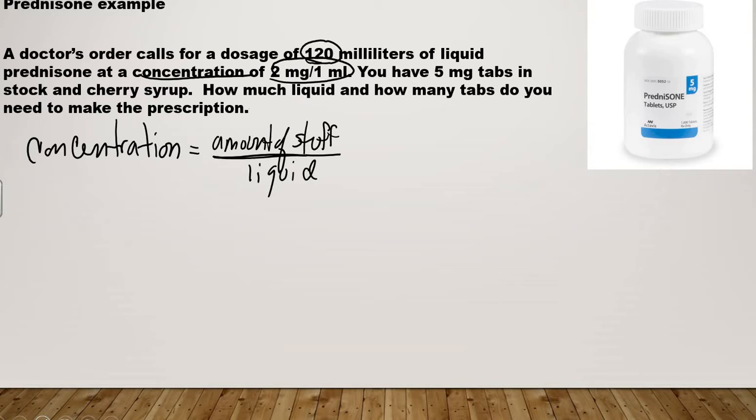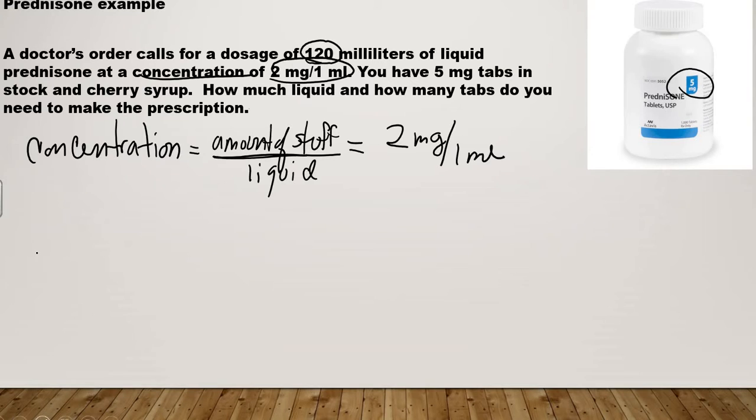So a certain amount of liquid, the amount of stuff in a liquid, that's called a concentration. So we're specifically dealing with a concentration of 2 milligrams of medication for every 1 milliliter of liquid. In this case, it's going to be cherry syrup. Okay, so our ultimate goal is if we have 5 milligram tabs and I need to crush this and add it to liquid to get that concentration, this takes 2 conversions.